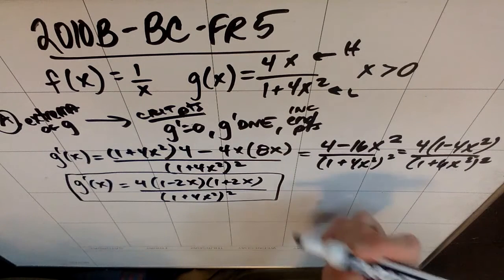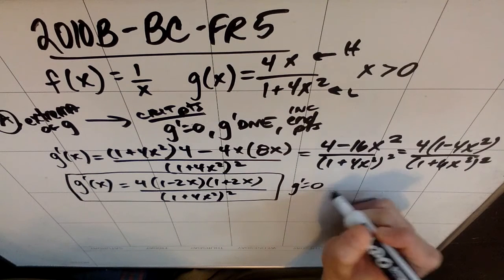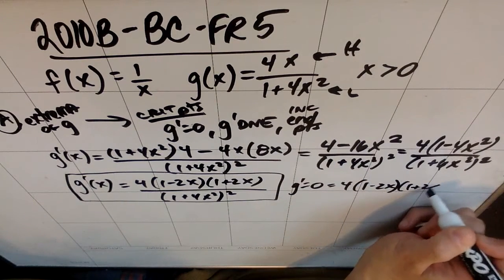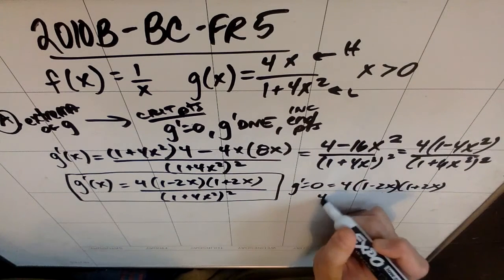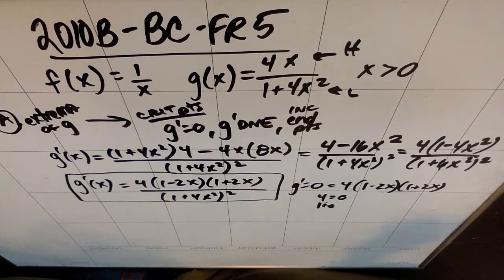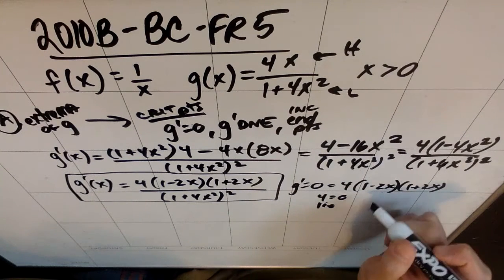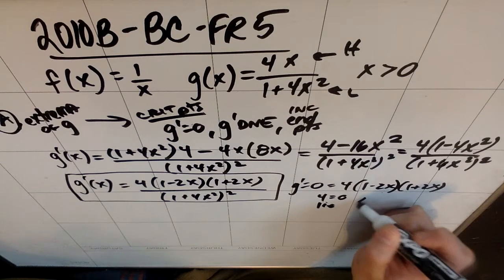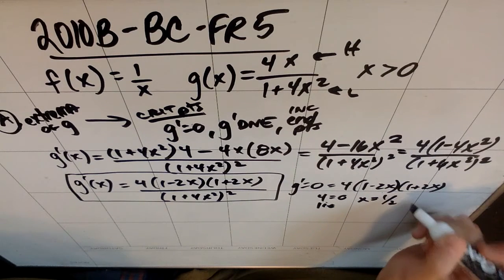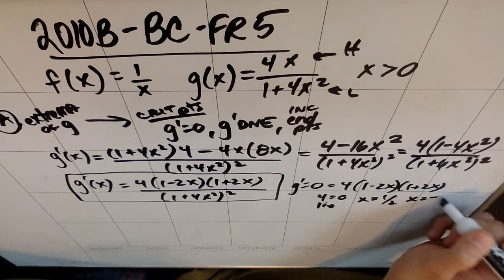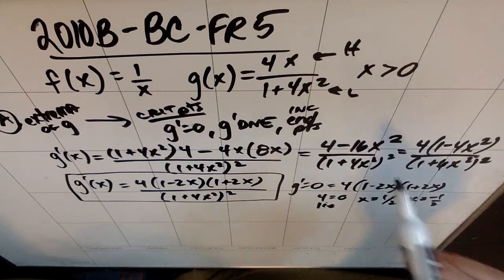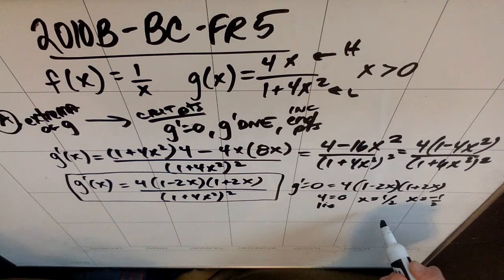I'm going to find where g prime is 0. Well, g prime equals 0 when 4, or 1 minus 2x, or 1 plus 2x is 0. That's going to be when either 4 is 0, which is a lie, because the number 4 is not the number 0, or when you set 1 minus 2x equal to 0, you end up getting that x is 1/2. If you set 1 plus 2x equals 0, you get x is negative 1/2, which won't end up mattering in this window because we were told x is strictly greater than 0, but we'll deal with that in a sec.